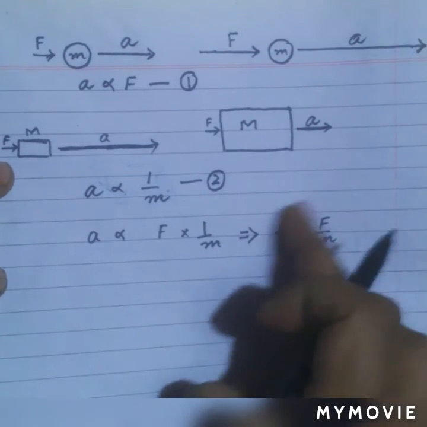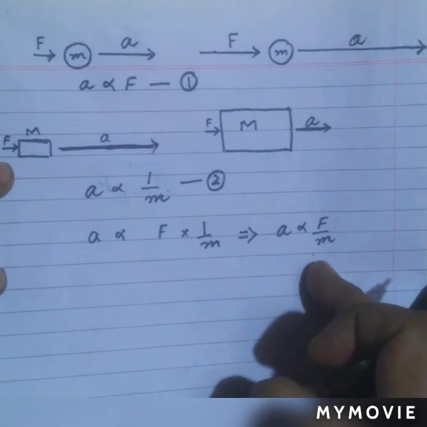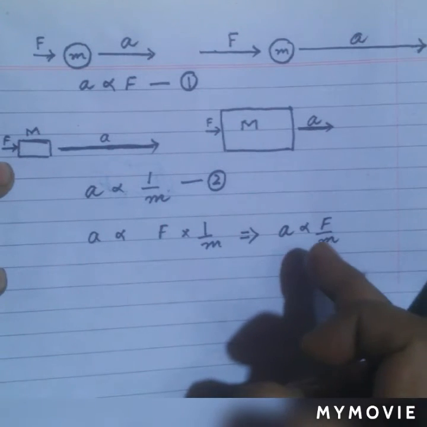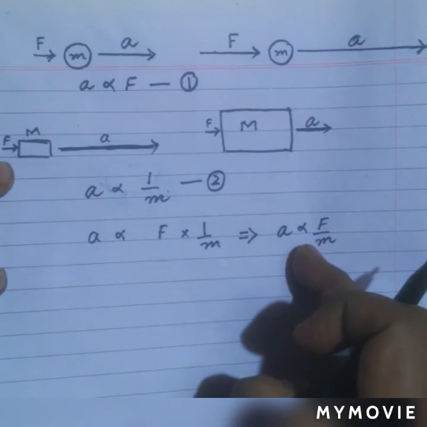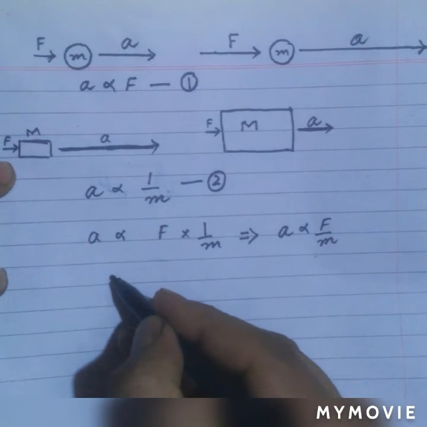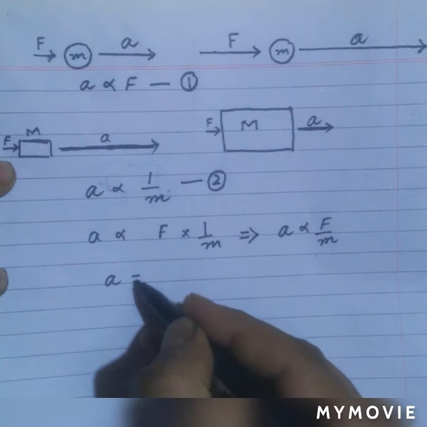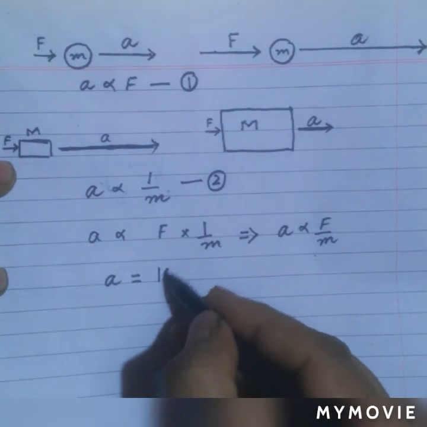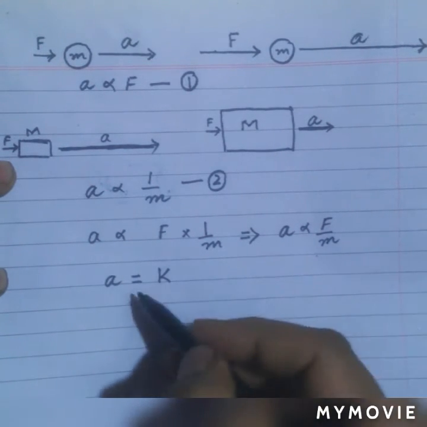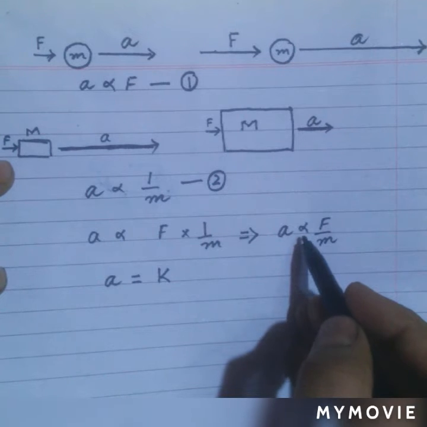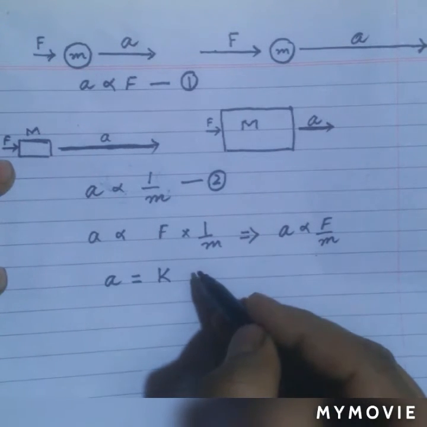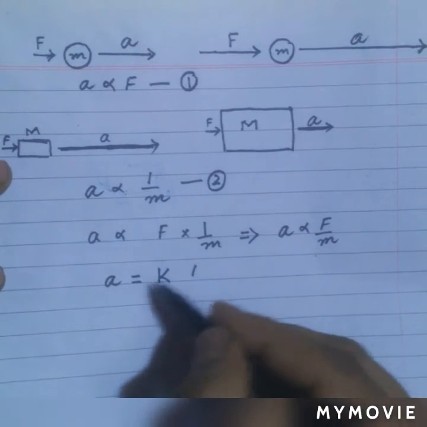Now we know that if we want to write this with an equality in it, we have to insert the sign of equality and a constant k for removing the symbol of proportionality.